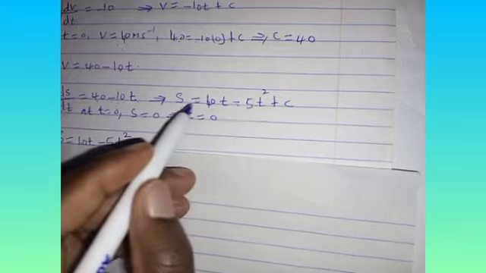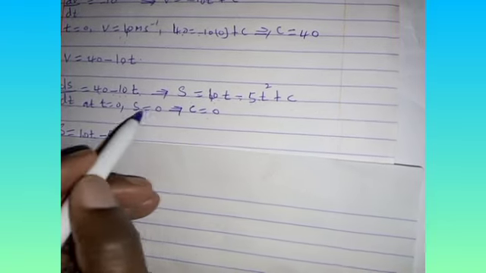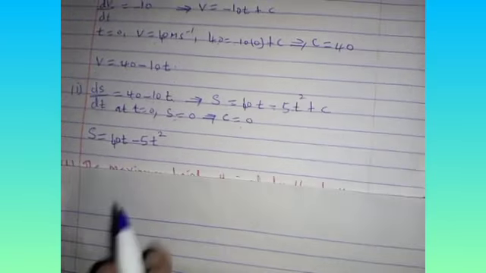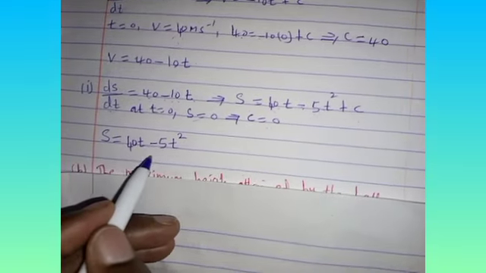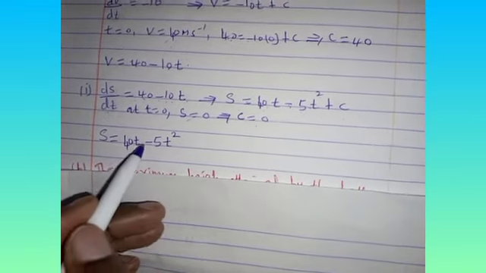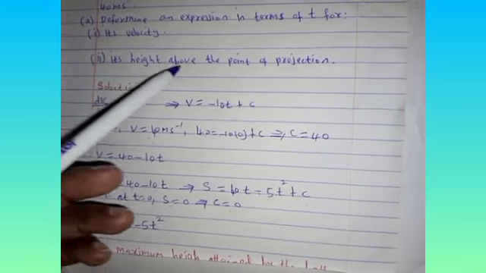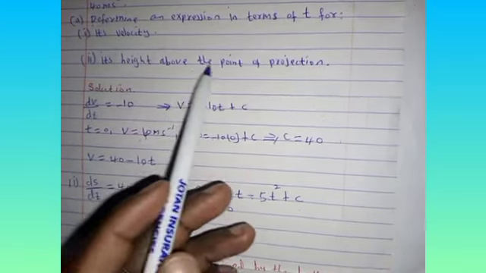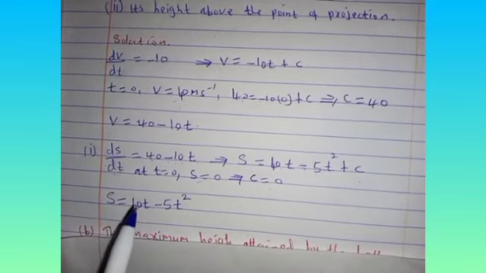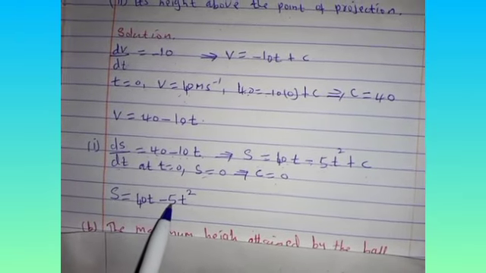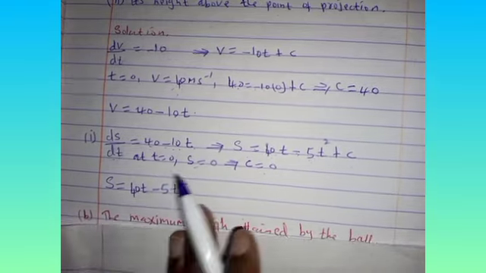So c is equal to 0 because displacement is equal to 0 initially. Meaning that our s is equal to 40t minus 5t squared. So that is its height above the point of projection.